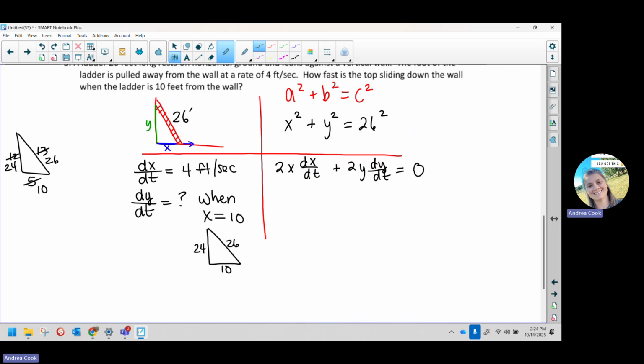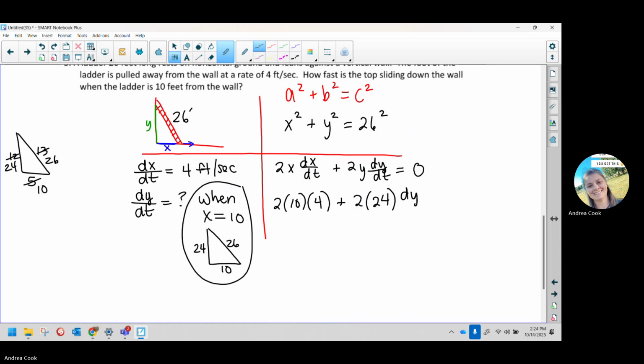And now we can plug in. So 2x is 2 times 10, and dx over dt is 4. What is y? Using these when values, y is 24. 24 came from a squared plus b squared equals c squared.